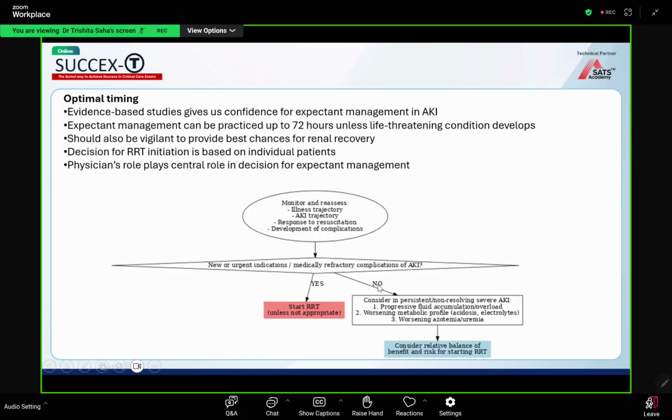And if there is persisting or non-resolving severe AKI, progressive fluid accumulation or overload, worsening of metabolic profile, there might be presence of acidosis or electrolyte imbalance, worsening of azotemia, uremia, then consider the relative balance of benefit versus risk for initiating RRT. So it is within the clinician's purview to start RRT.